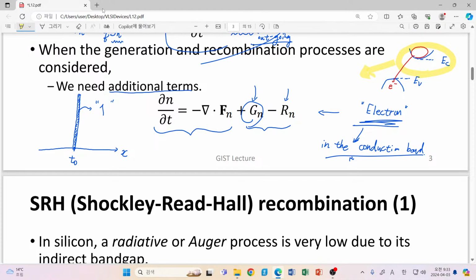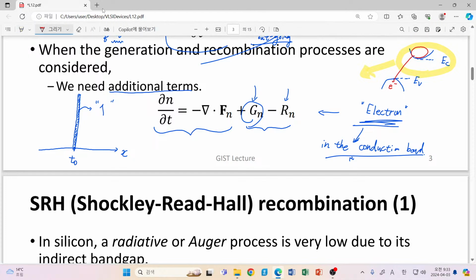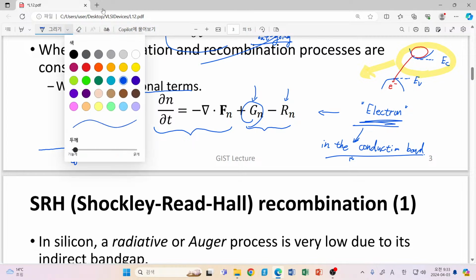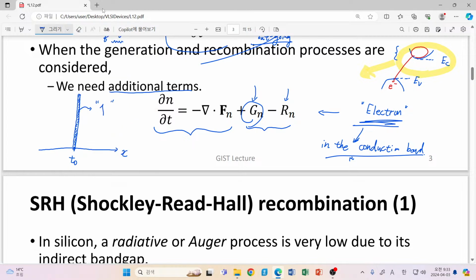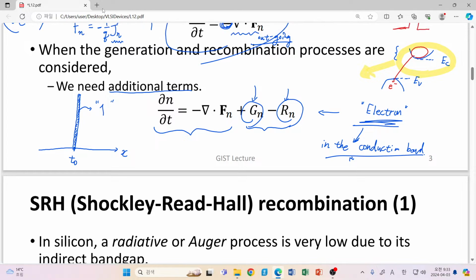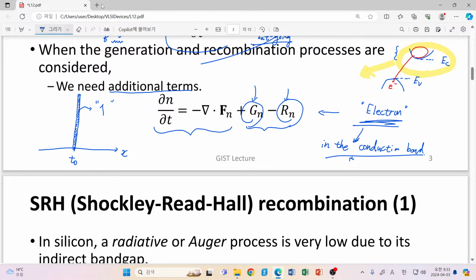But since our observation or description is only considering the electrons in this energy range or this band, we are now saying that electrons are gone and the number of electrons is reduced. So please note that there is no actual demolition of our electron. So from this description, it is clear like this.